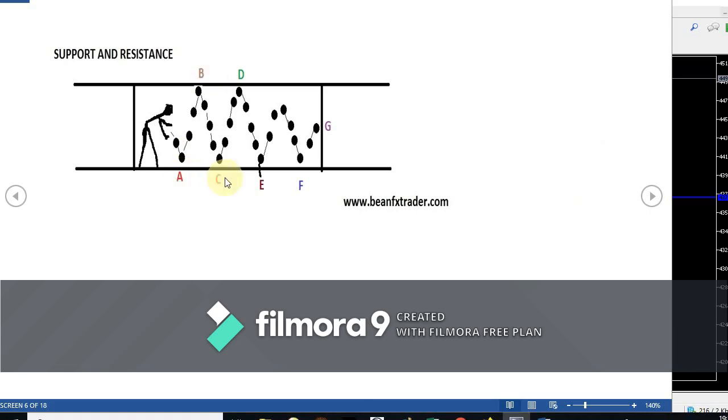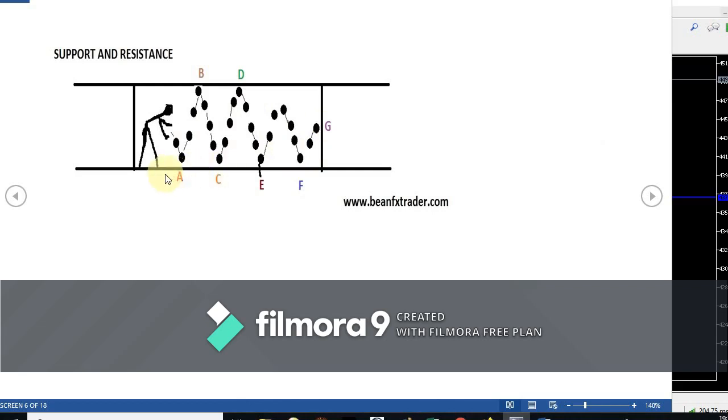So we can see that points A, B, C, D, E, F, and G are points of contact where the ball meets with force. Now at the base you have the support at A. Then you have two resistances at the top, which are B and D.